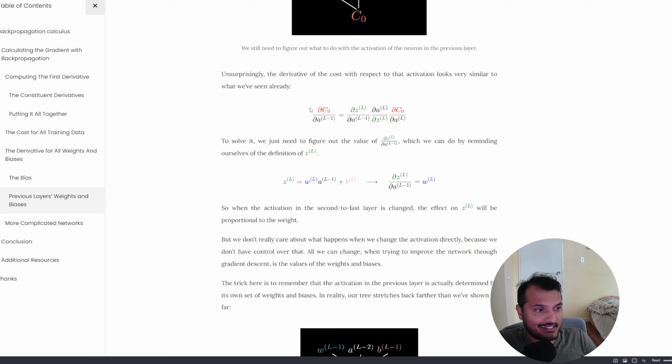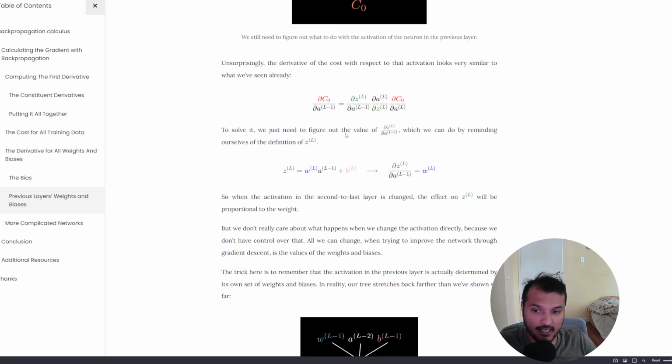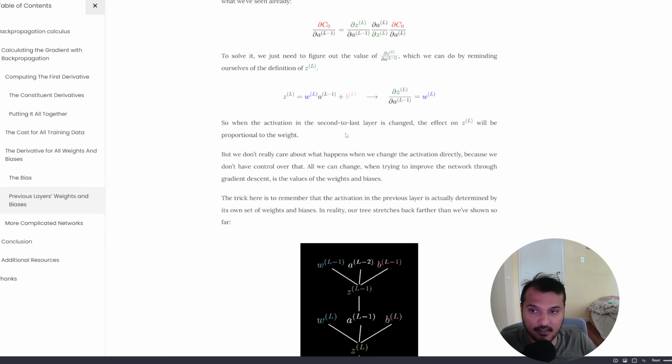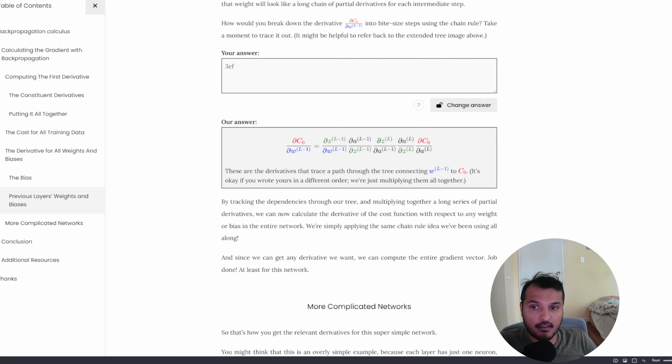So this is the derivative of loss with respect to the activations. Now, if I want to compute the derivative of loss with respect to the weights, applying the chain rule, this is the equation we get. So this is the complete chain rule.